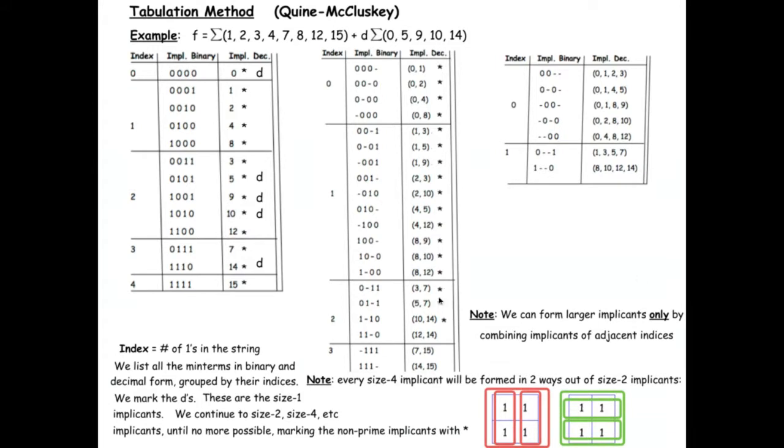10 and 14 are next to 8 and 12, right? So 8, 12, and 10 and 14 make up 8, 10, 12, 14.